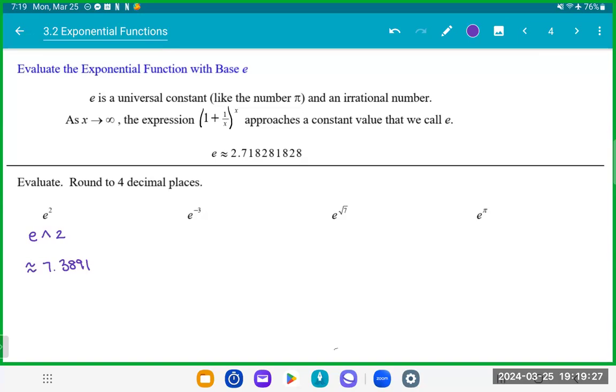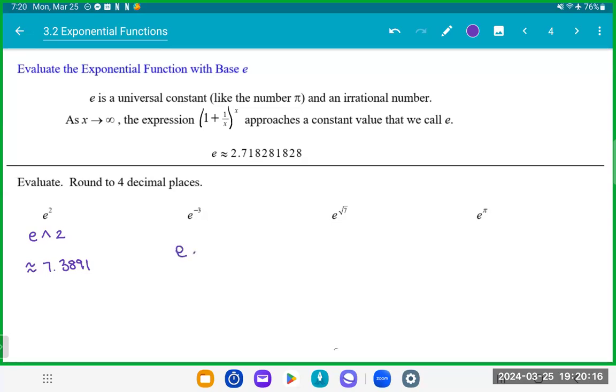So why don't you guys take a minute, put E raised to the -3, and put what you get to 4 digits in the chat for me. So Brandon, that is a high number.